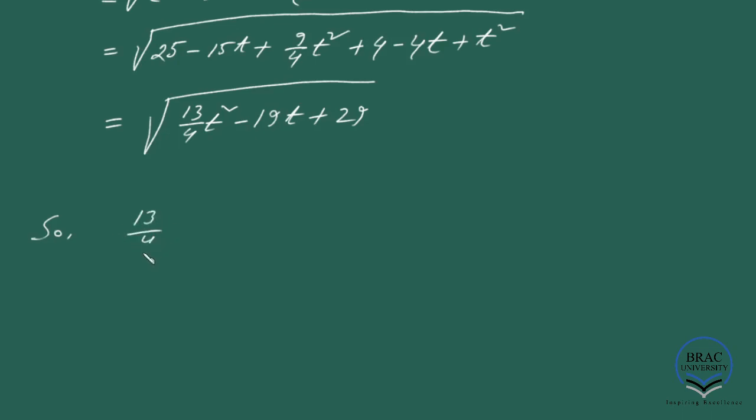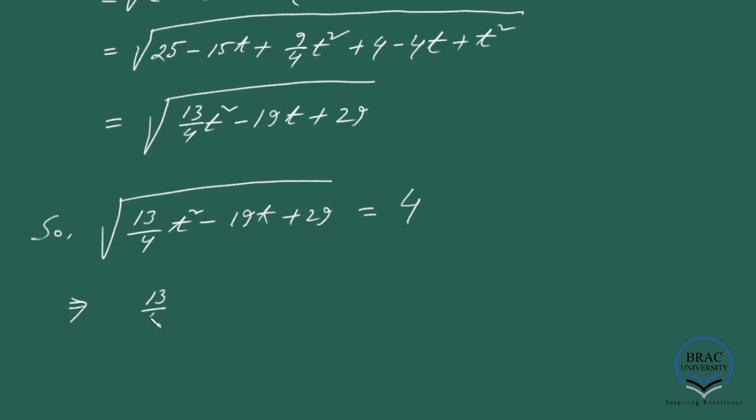Now I'm going to write the square root of 13 over 4 t squared minus 19t plus 29 is equal to 4. I want this distance to be 4 units. Now if I try to solve it, I square both sides, so the square root goes away on this side.